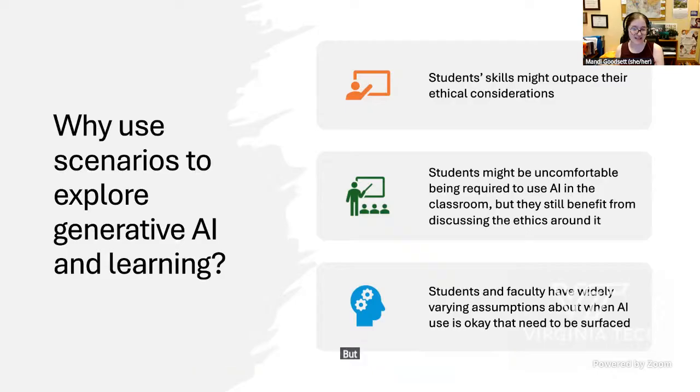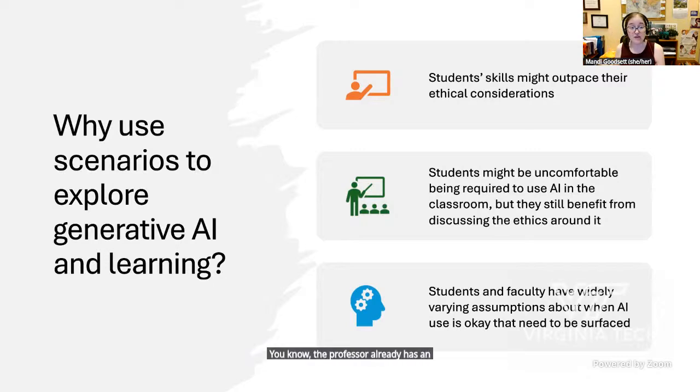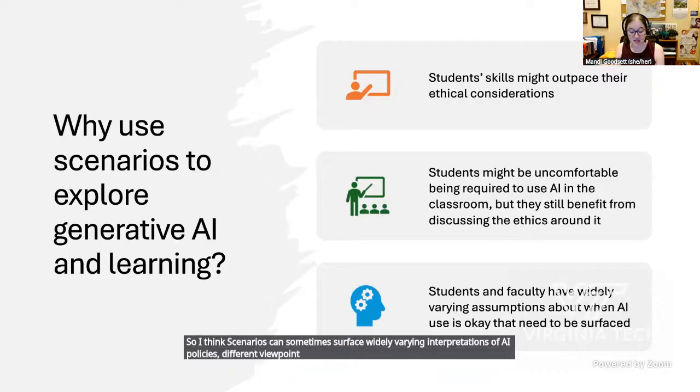But it's pretty clear the students don't think they're doing anything wrong. And that's in classes where the professor already has an AI policy. So there's a policy and it's still very unclear what is okay to do. So I think scenarios can sometimes surface widely varying interpretations of AI policies, different viewpoints and expectations, and concerns about AI that might be lingering under the surface.